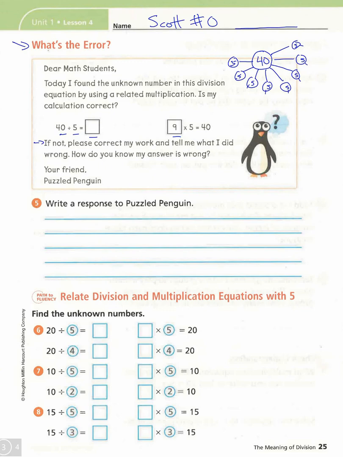So how many groups was that? 1, 2, 3, 4, 5, 6, 7, 8. So it was really only 8 groups. And so write a response to Puzzled Penguin. All we need to do is we could say 40 divided by 5 is really 8.